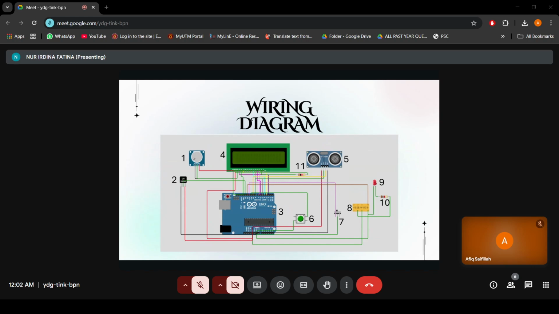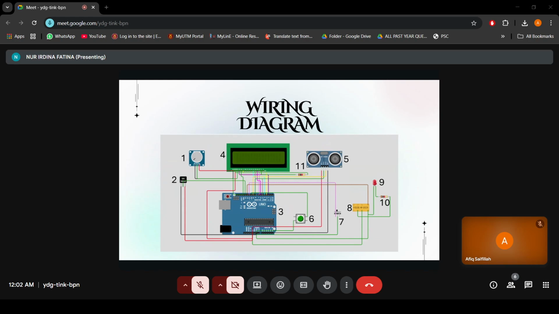So now I will present the wiring diagram or the hardware components. In this project, we use a few components. We divided them into sensors, display, and microcontroller.